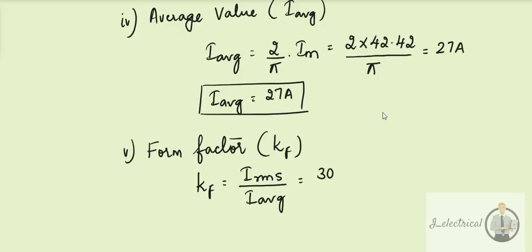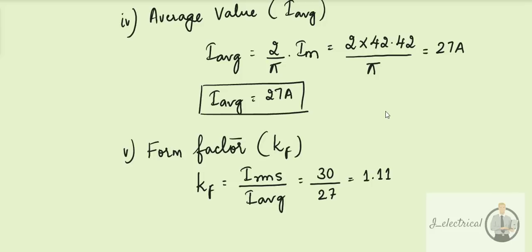Therefore I RMS is 30 amps over I average is 27 amps, which gives you 1.11. So form factor doesn't have a unit because the numerator and the denominator, both of them are current values. So there is no unit for form factor.